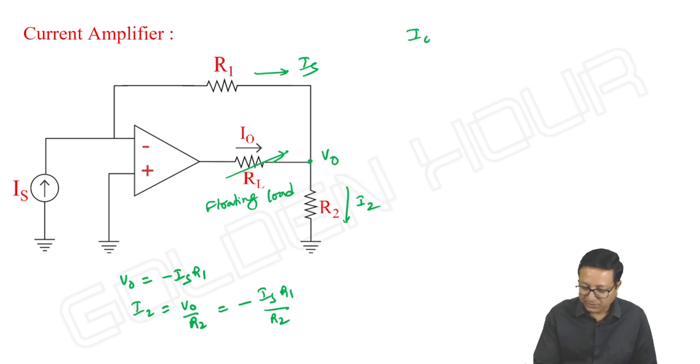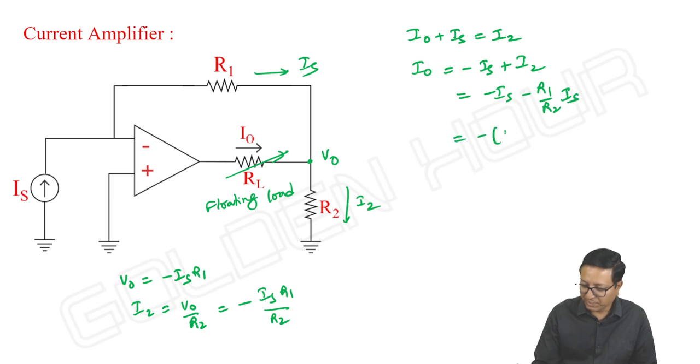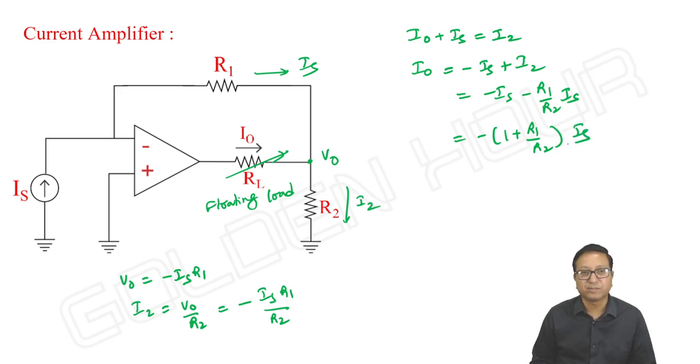I0 plus IS is equal to I2, or I0 is equal to minus IS plus I2, which is equal to minus R1 by R2 into IS. It is minus of 1 plus R1 by R2 into IS.